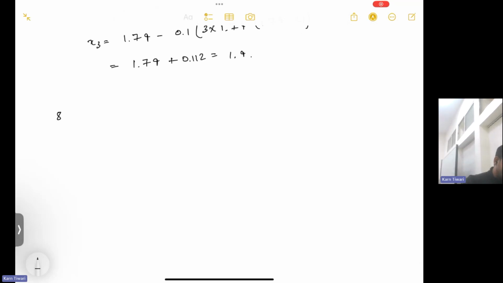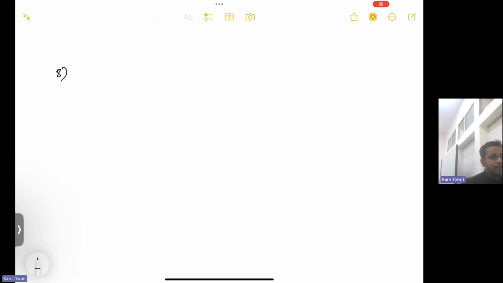Coming back to question 8. Which of the following statements is true about the representation power of a multi-layer network of neurons with sigmoid function? The first is that a multi-layer network of sigmoid neurons can represent any Boolean function. The second is that a multi-layer network of sigmoid neurons can represent any continuous function. I hope you would have got the answer.